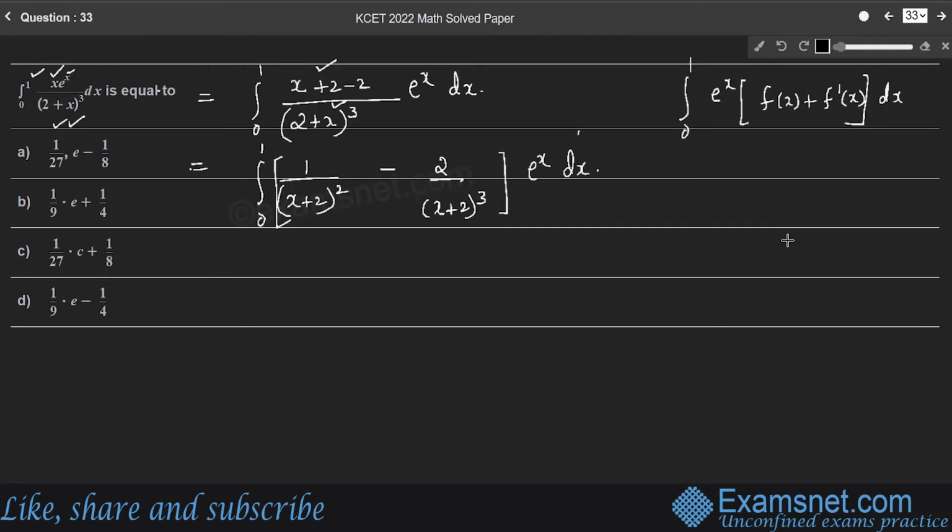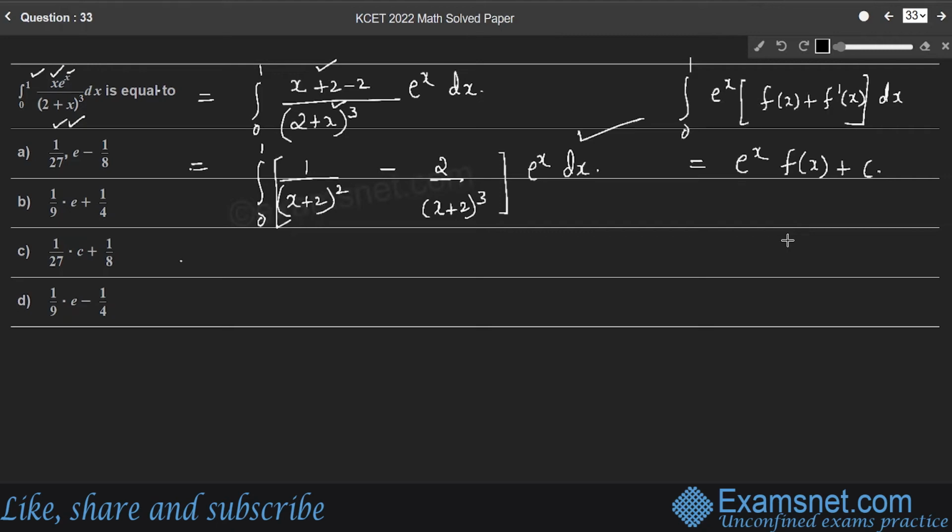Right? So this expression is in the form of integral e raised to x into f of x plus f dash x, which is equal to e raised to x f of x plus c, from the identity.